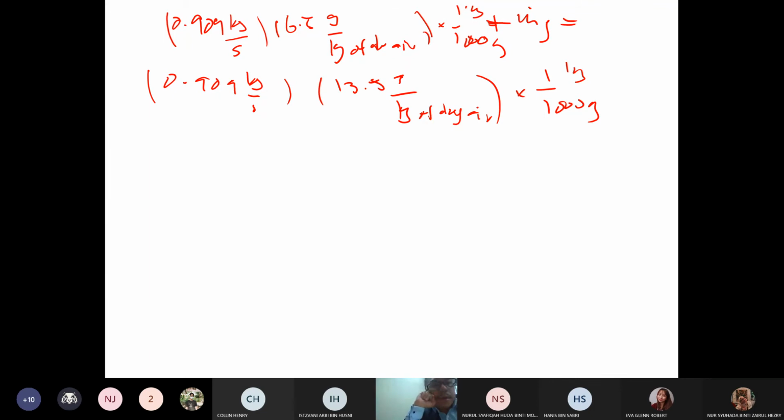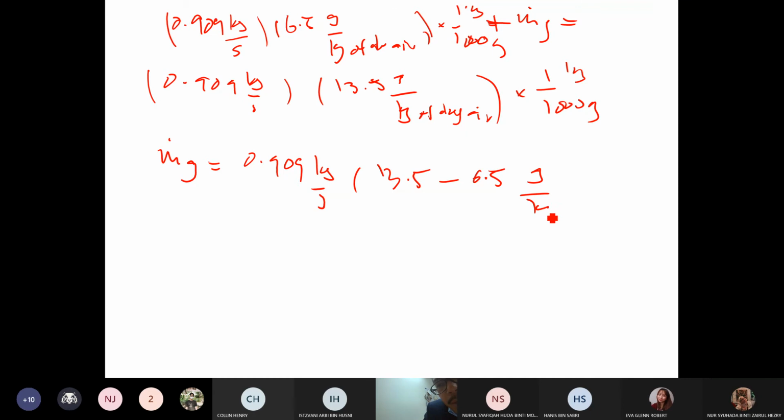Yeah? Alright. So what is the value of M.G? Please calculate. So M.G is equal to, actually, 0.909 kilogram per second times (13.5 minus 6.5) gram per kilogram of dry air times 1/1000.